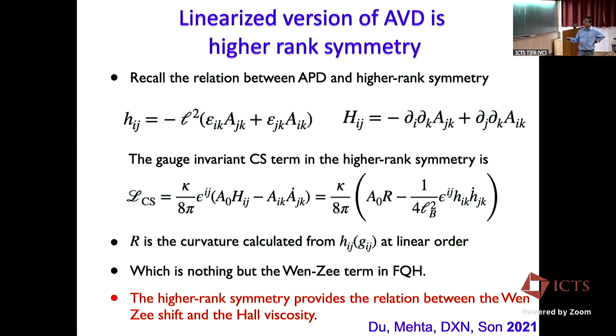Here you have A0 multiplied by the curvature calculated from the perturbation of the metric. When you vary this term with respect to A0, you get some charge density. It tells you that when you put the quantum Hall on a curved space, the charge density will change by the curvature. That is nothing but the Wen-Zee shift.